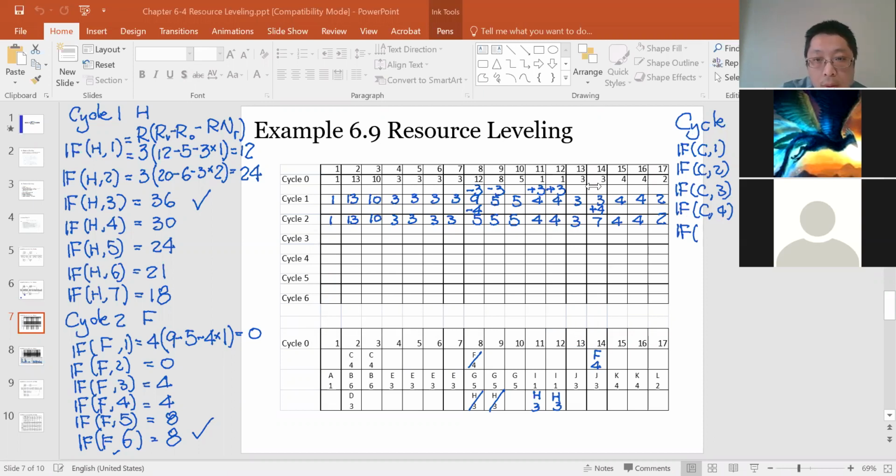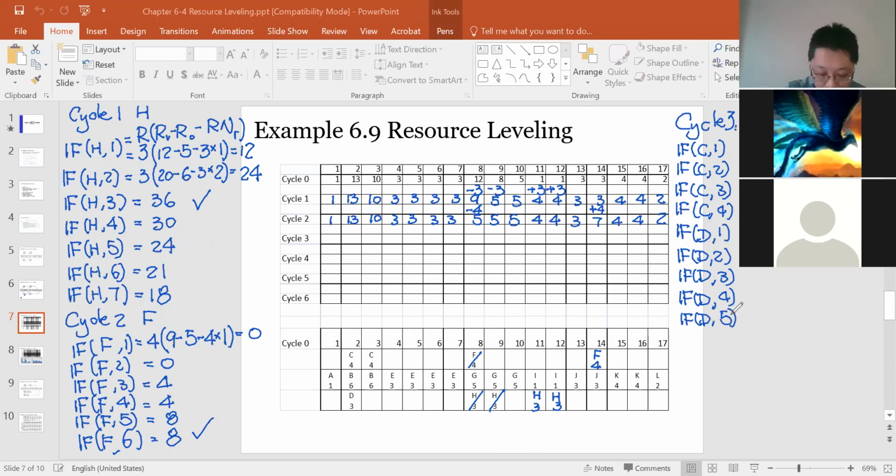Is this cycle 3? Yes, this is cycle 3. Let me write that down. I'm going to analyze C and D. So D for 1 day, D for 2 days, D for 3 days, D for 4 days, and D for 5 days.